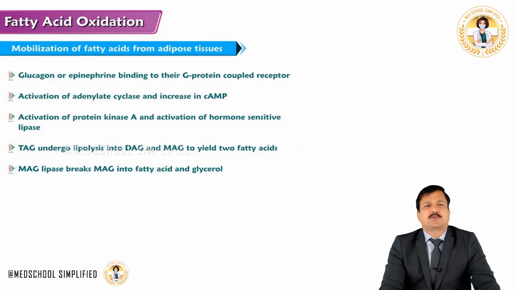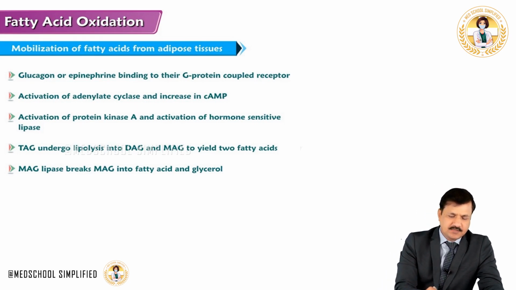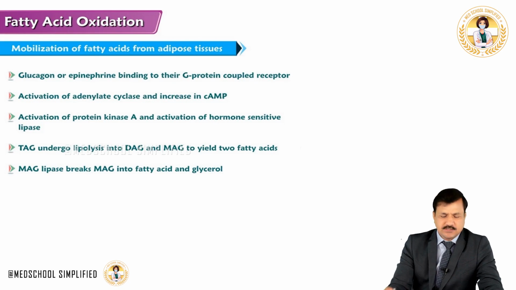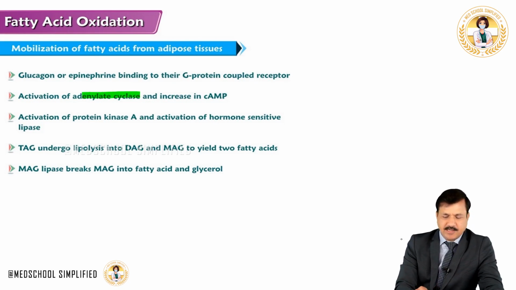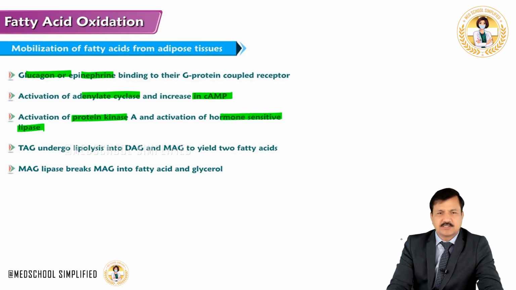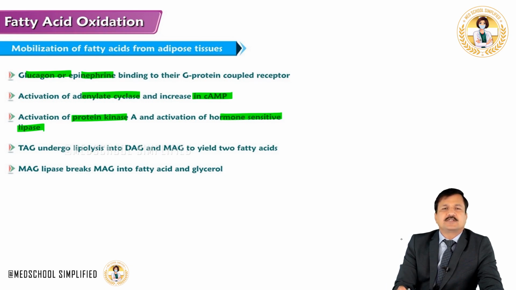What I explained in the previous slide, I have written here just as a recap. So let me quickly recap the previous figure explanation. Glucagon or epinephrine binding to their corresponding G protein receptors is going to activate adenylate cyclase, thereby increasing cyclic AMP, and that activates protein kinase A, which is going to activate hormone-sensitive lipase, which breaks triacylglycerol into two fatty acids and a monoacylglycerol.